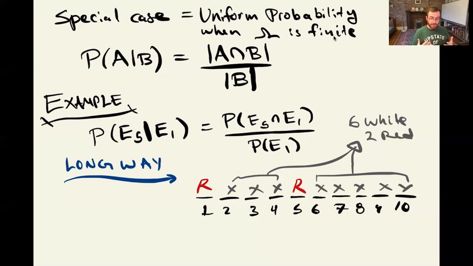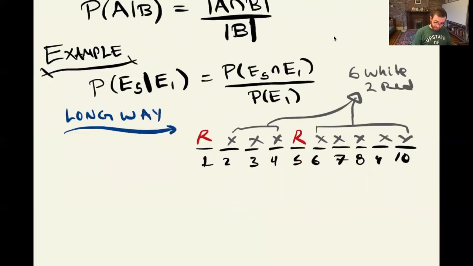So computing the probability of both E1 and E5 occurring, which is considering what's the space of possibilities where both the first and the fifth entry in this long word are red. Well, it just amounts to computing the number of permutations of what's left.